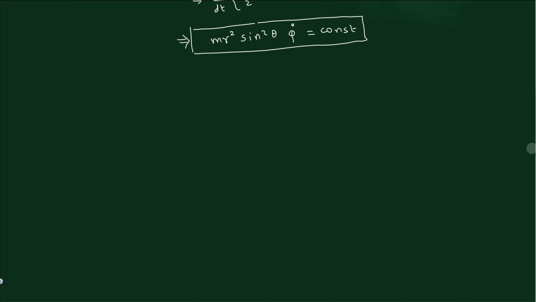Because phi is absent in the Lagrangian, we ultimately have some quantity to be constant. Now you'll have to realize what this quantity is, and then we can make some conclusion.